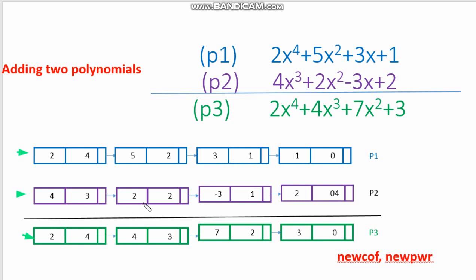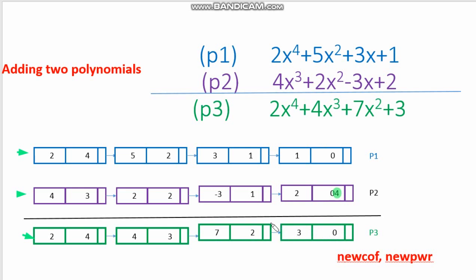P2 is 4 to the power 3, 2 to the power 2, minus 3 to the power 1, and 4 to the power 0. This should be 0, not 4, it's a small mistake. That's fine. And here is the resultant polynomial: 2 to the power 4, 4 to the power 3, 7 to the power 2, 3 to the power 0.